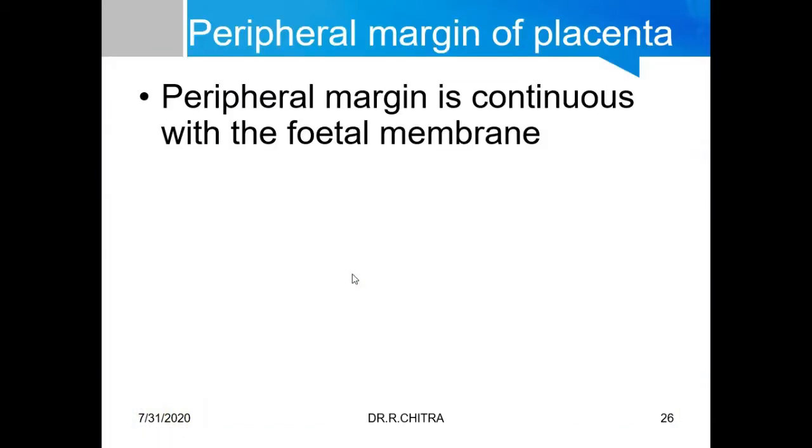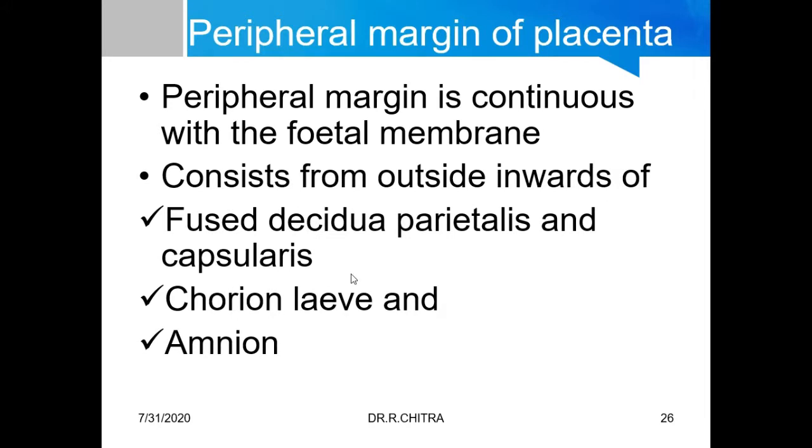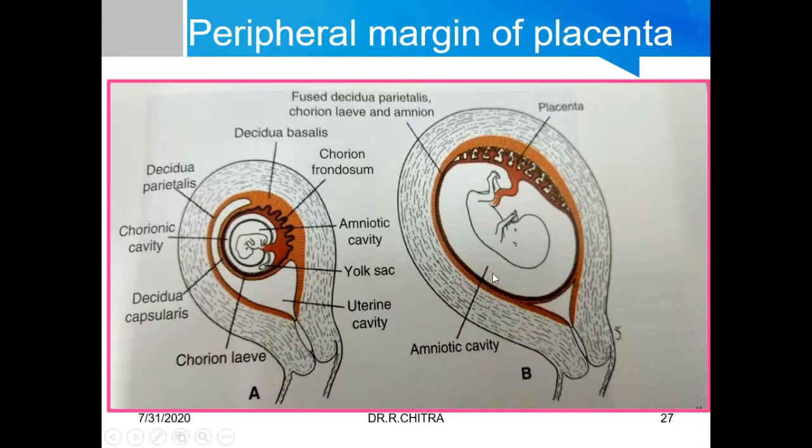The placenta has two surfaces and one peripheral margin, which is continuous with the fetal membrane. This fetal membrane consists, from outside inwards, of fused decidua parietalis and capsularis, chorion laeve and amnion. So this is the full-term human placenta consisting of the maternal surface and fetal surface.